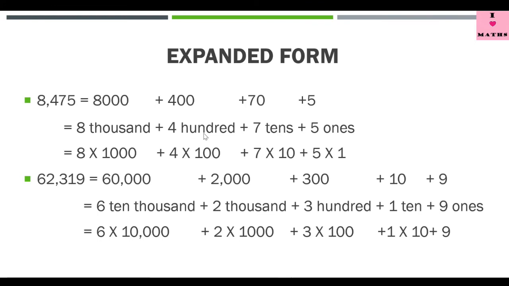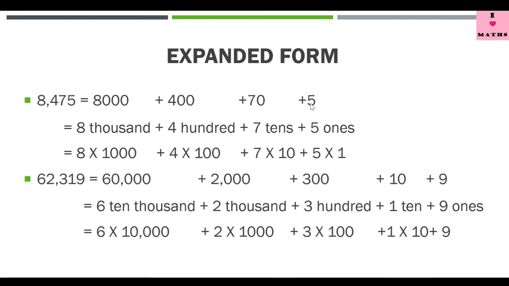Now, this can be written as 8,000 plus 400 plus 7 tens plus 5 ones. In this form, we have used numerals as well as the words. Same thing can be written like this also. 8 into 1000 plus 4 into 100 plus 7 into 10 plus 5 into 1.